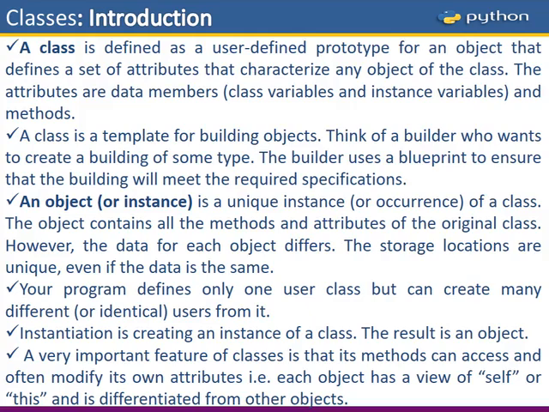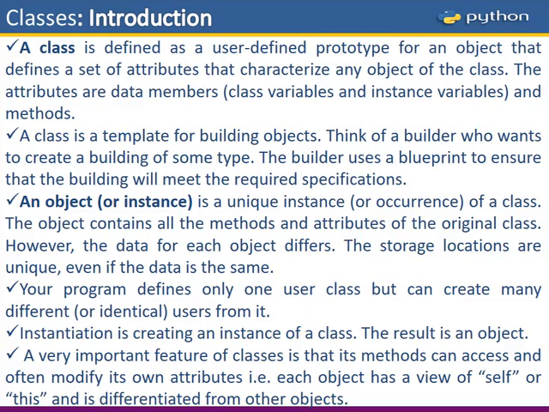Maybe you think of a class as a recipe, that is a template, and an object as a cake made from that recipe. For example, let's see a builder. Someone wants to build a house.